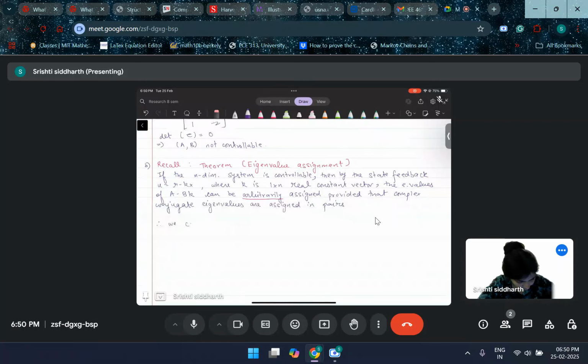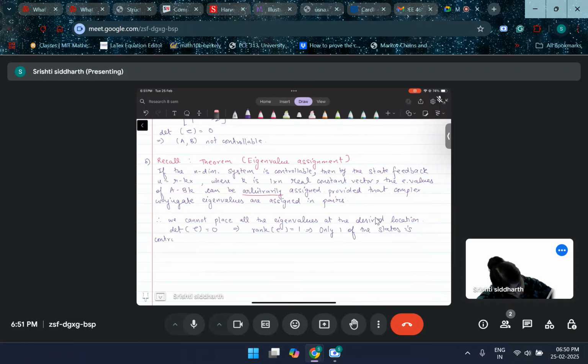So this implies that only one of the states is controllable, which implies that we can only place one of the eigenvalues at that location. Or let's just say we can control only one state.